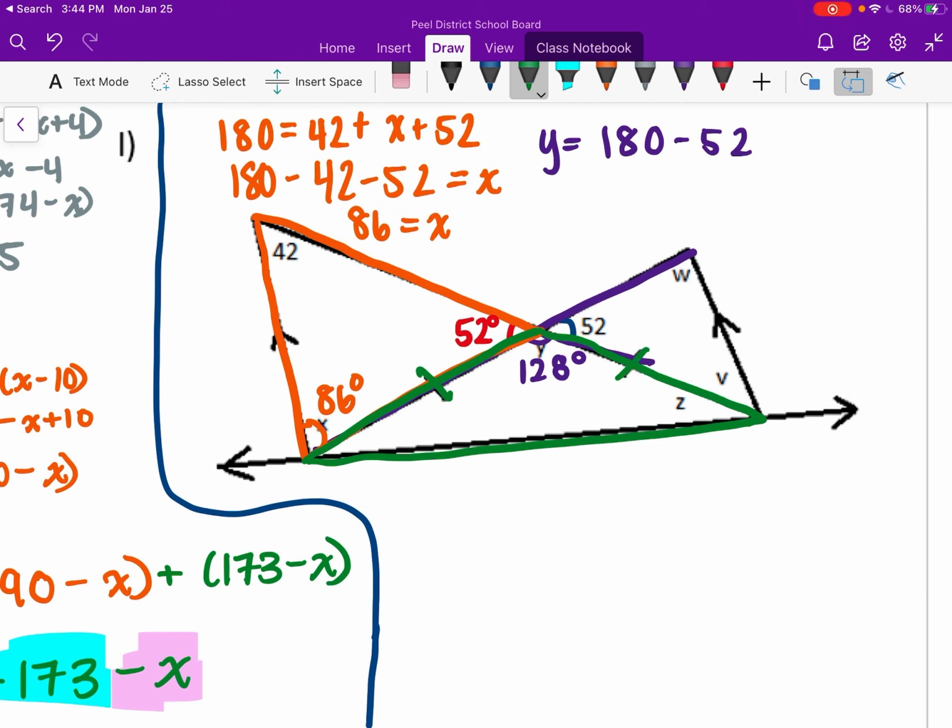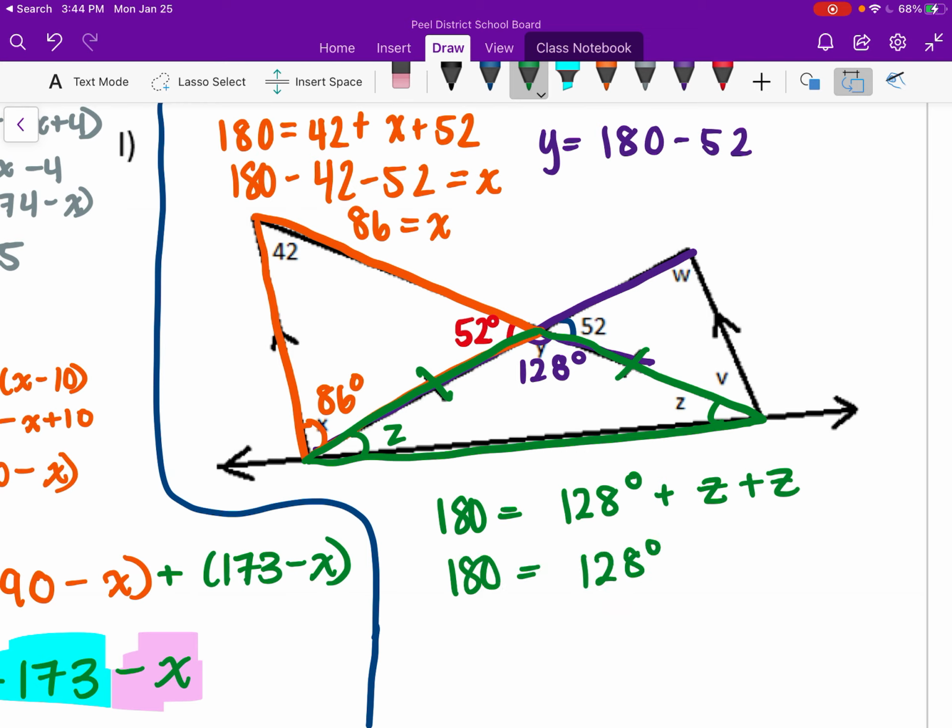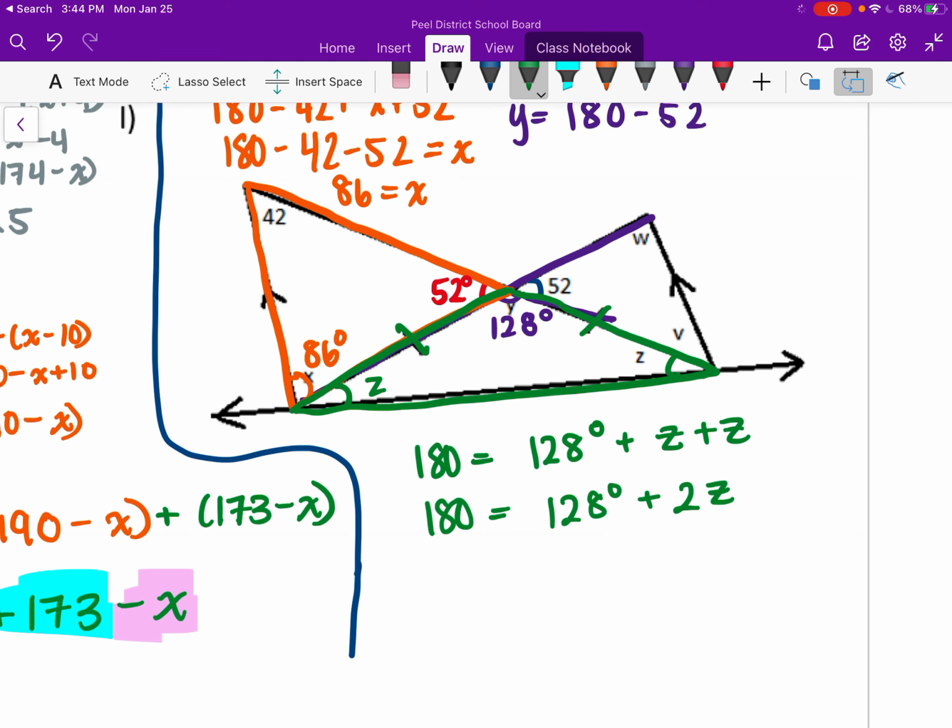So I know that this and this are going to equal each other. So this is also z. So I know that the inside of this triangle is going to be 180 equal to 128 degrees plus z plus z. So I have 180 is equal to 128 degrees plus 2z.